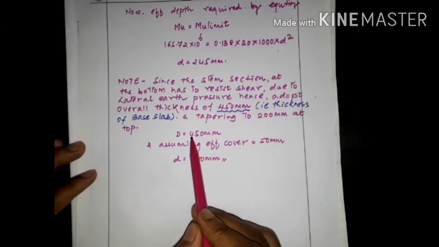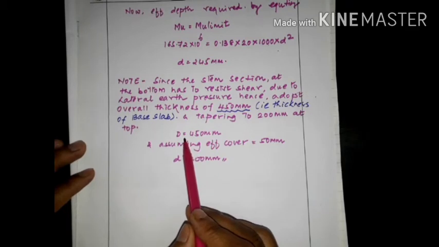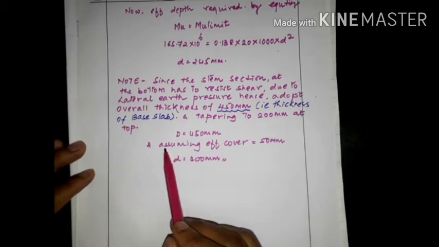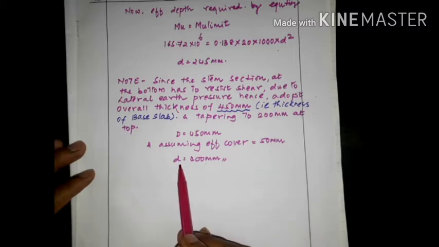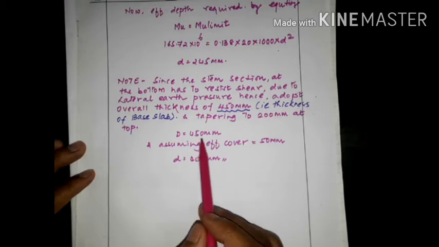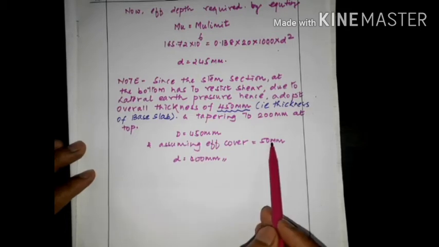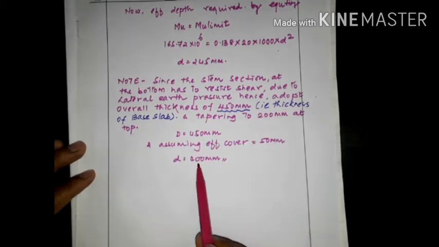So the thickness of stem is 450 mm, and assuming the effective cover of 50 mm, the effective depth will be 400 mm, that is 450 minus 50 mm.